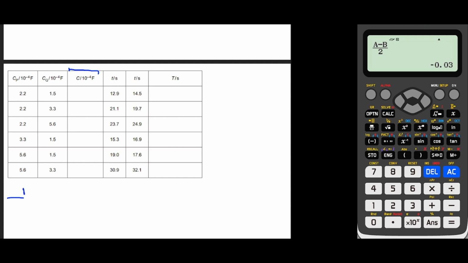Now, since the capacitors are in series, we know that the total capacitance can only be calculated by using 1 over C plus 1 over C is equal to 1 over CT. So this is capacitor P, this is capacitor Q, P and Q. So we want to find the total capacitance.